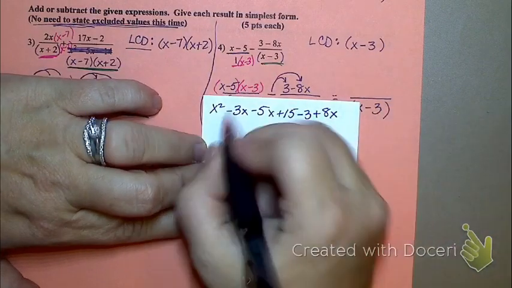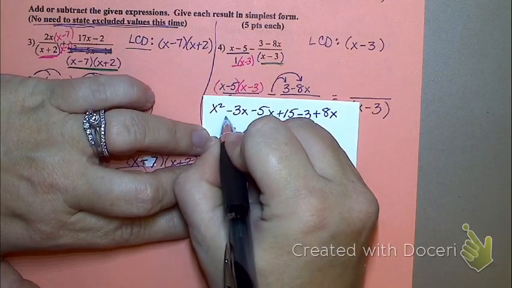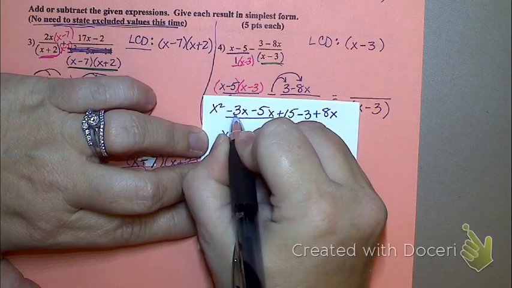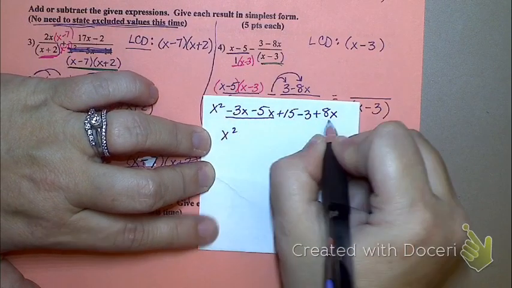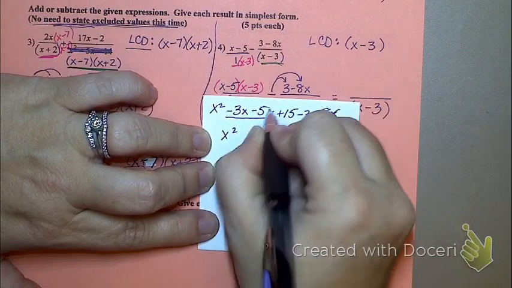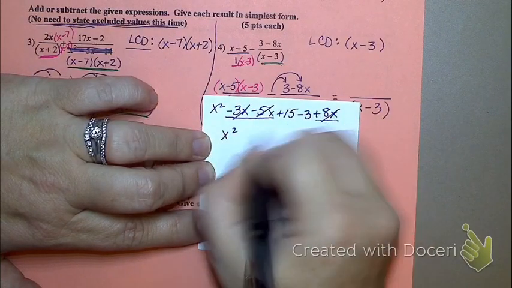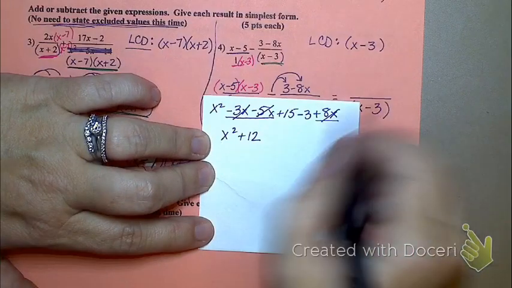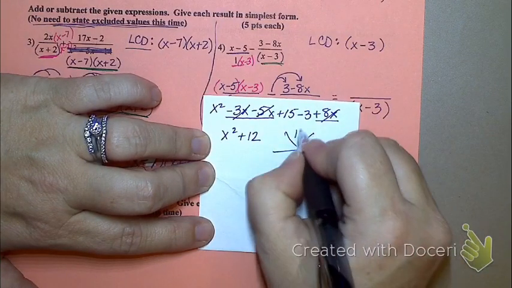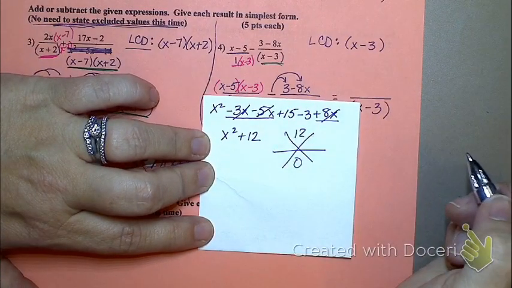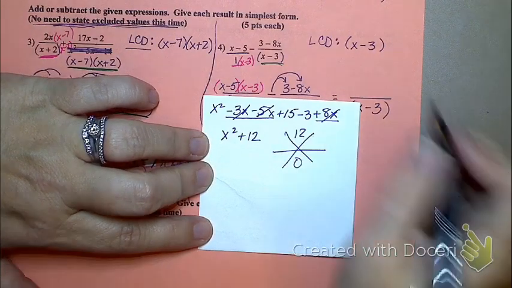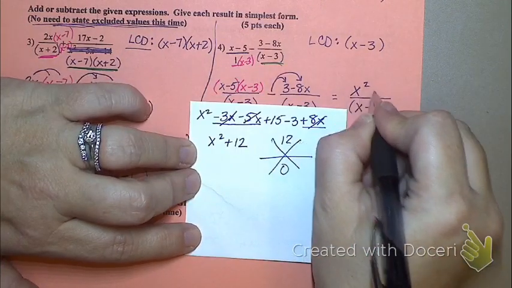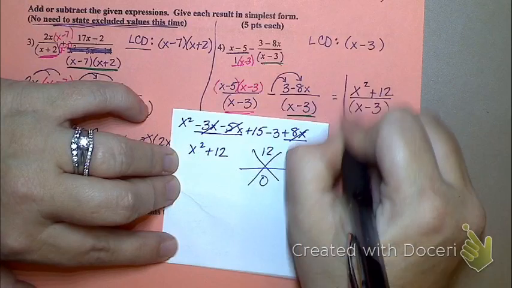Yeah? So I have x squared. Negative 3x and negative 5x is negative 8x and positive 8x. All that cancels. So I have plus 12. Can that factor? They have nothing in common. I don't think I can factor that. So I just have x squared plus 12. Done.